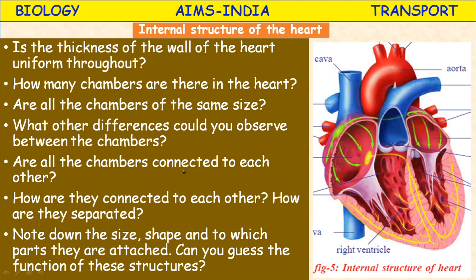Are all the chambers connected to each other? No, they are separated. The two auricles are separated by the interauricular septum. The two ventricles are separated by the interventricular septum. Auricles and ventricles are separated by the auriculoventricular septum.